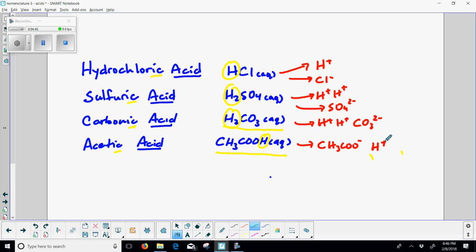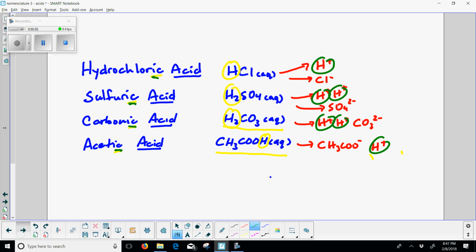So the big thing here is that these acids in water ionize and they give off these hydrogens. And these hydrogens determine the acidity of a particular solution. The other thing is they also have the "ic" ending. So that's a quick summary of these.